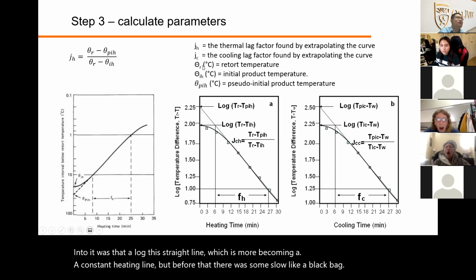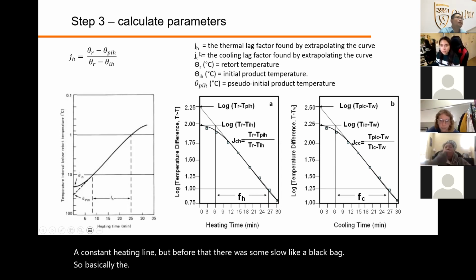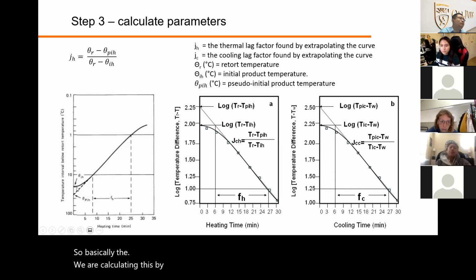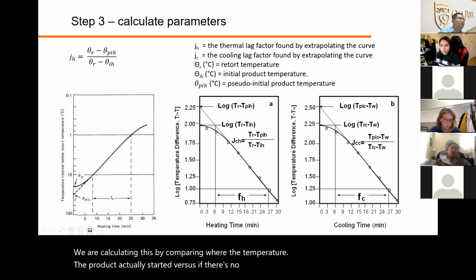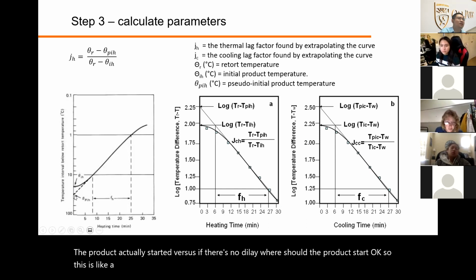So basically, we are calculating this by comparing where the temperature of the product actually started versus where it should start if there were no delay. So this is like a pseudo initial product temperature.